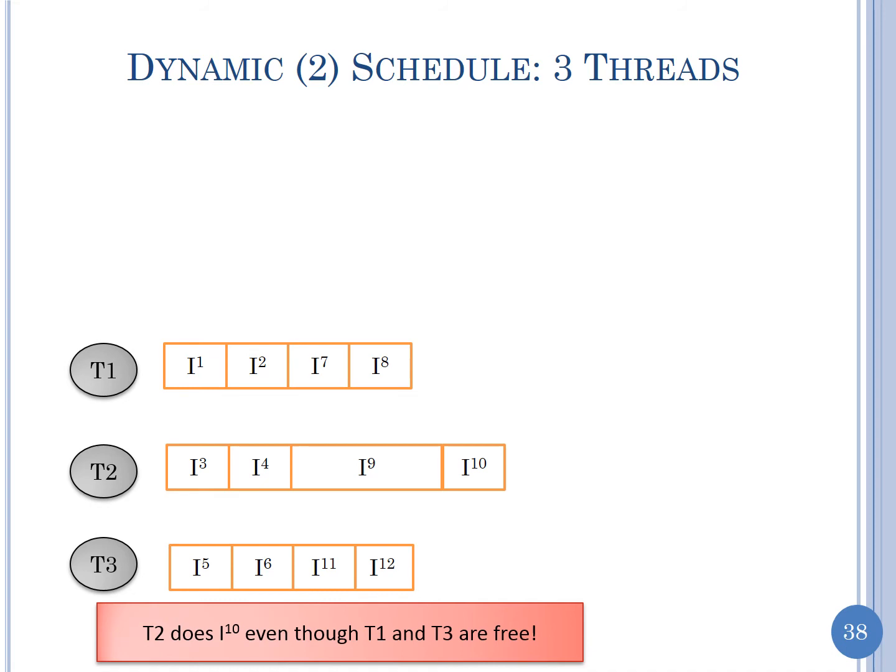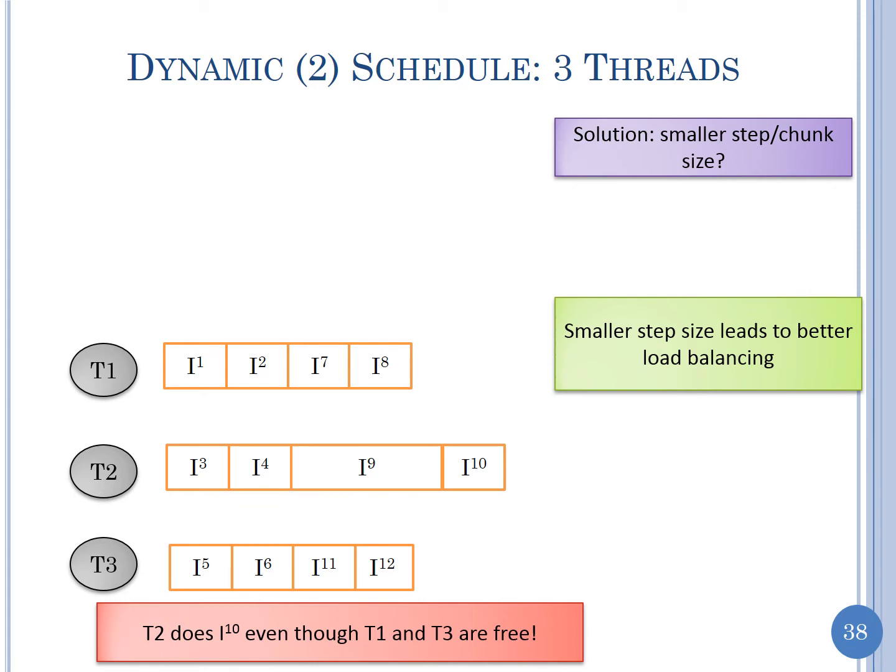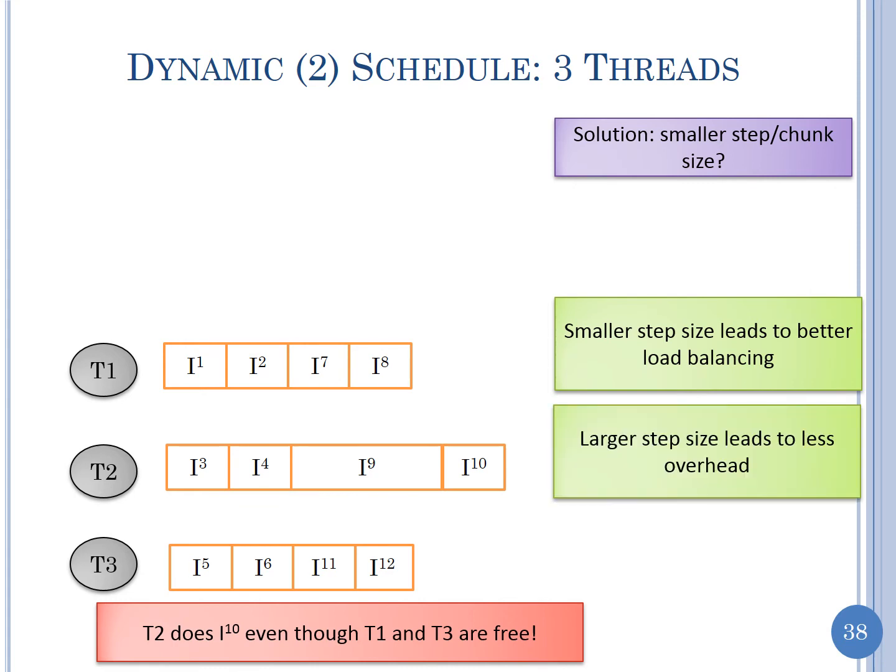And then the question becomes, how do they vary? Give some kind of specification. So a solution could be that we just have a very small chunk size, step or chunk size. But then the dynamic overhead kills us, right? Because small steps are used for load balancing.